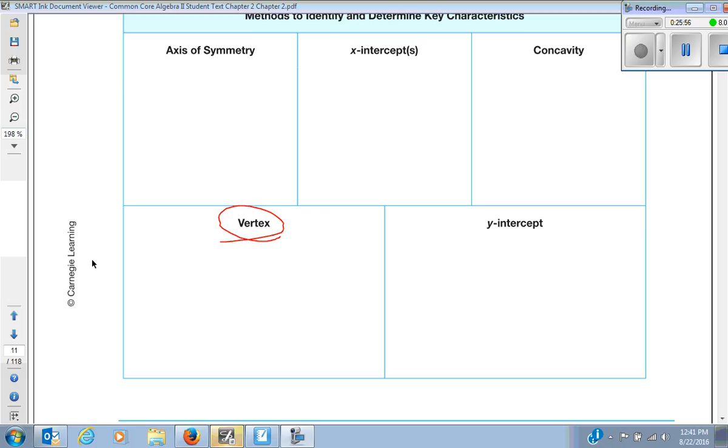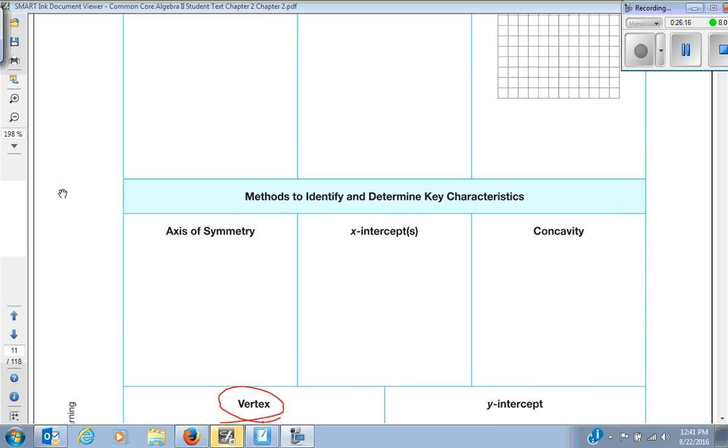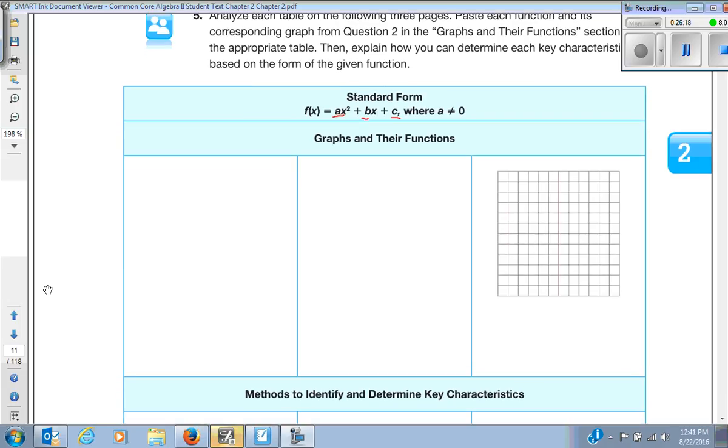When I talk about how to find the vertex of this, to find the x-coordinate of any of these guys, if it is in standard form, I take the opposite of b and divide it by 2a. Some of you are going to go, what the heck are you talking about, opposite of b over 2a? If I give it to you in standard form, opposite of b refers to that number right there.